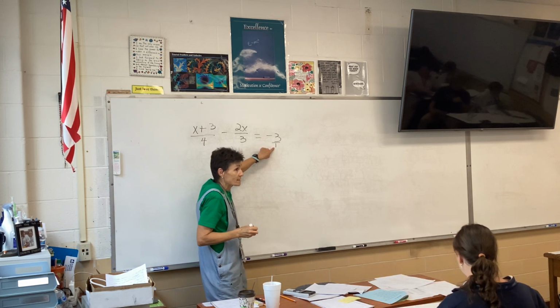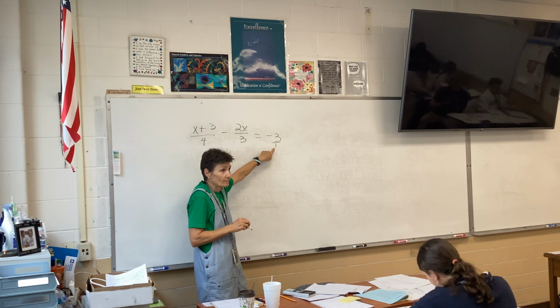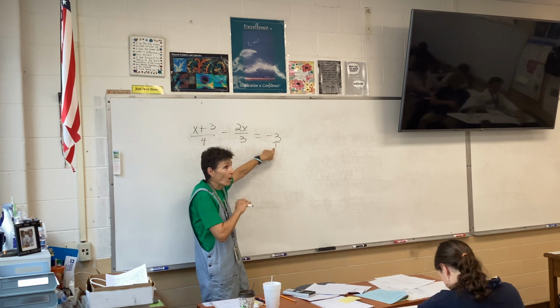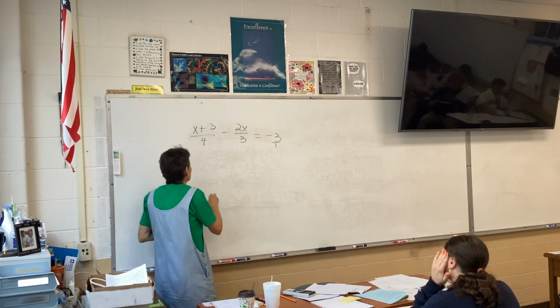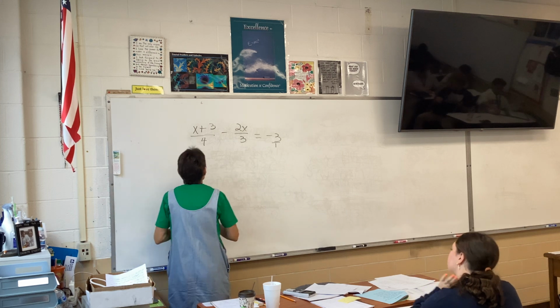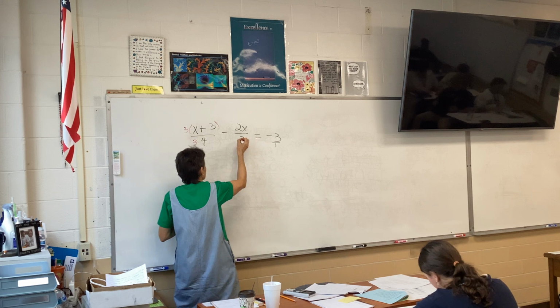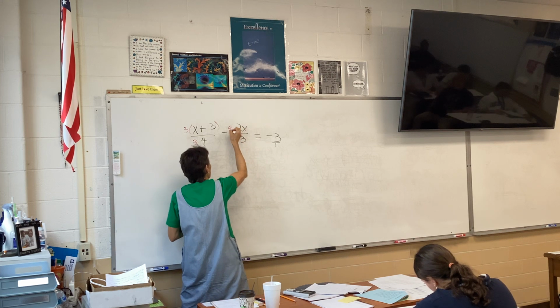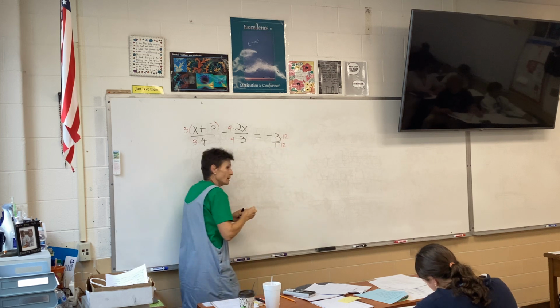So you don't see one over here, but there is one, right? It's a 1. And then they all gotta be what? What's gonna be the same denominator? 12. So this one is gonna get times by 3. This one is gonna get times by 4. And this one is gonna get times by 12.